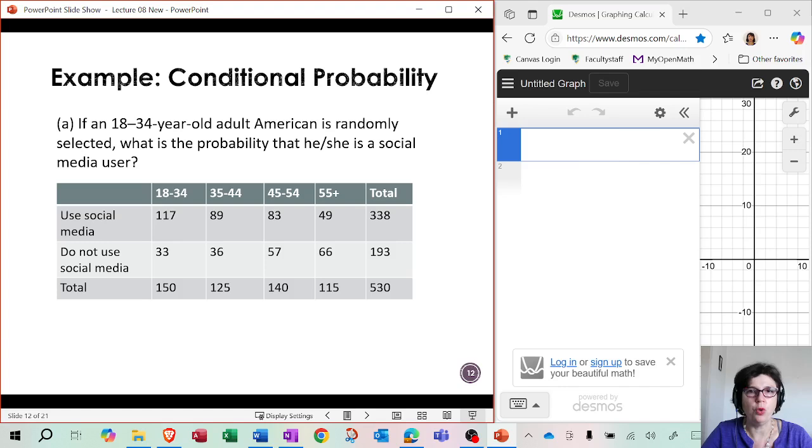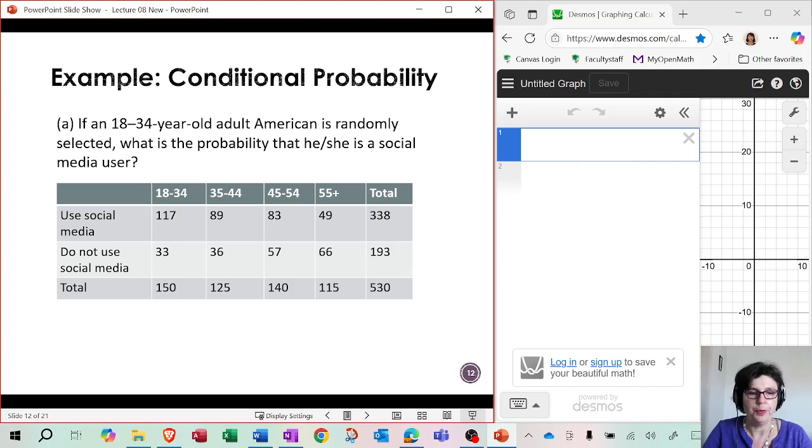All right. Now let's go back to our table example and look at these conditional questions. First of all, how do I know it's a conditional probability question? The question starts with: if an 18 to 34-year-old adult American is randomly selected, what is the probability that that person is a social media user? How do I know it's conditional? Because there is an if part. Sometimes they start with the word given. And by the way, the condition can also come at the end of the sentence.